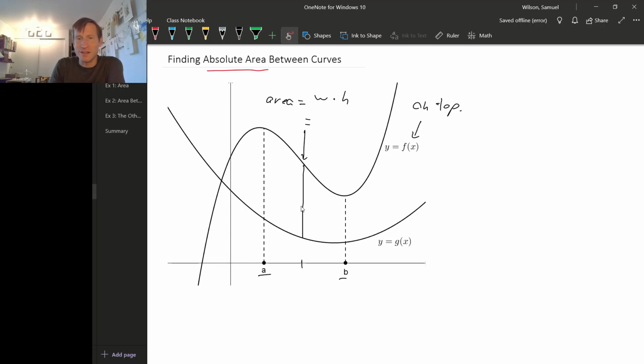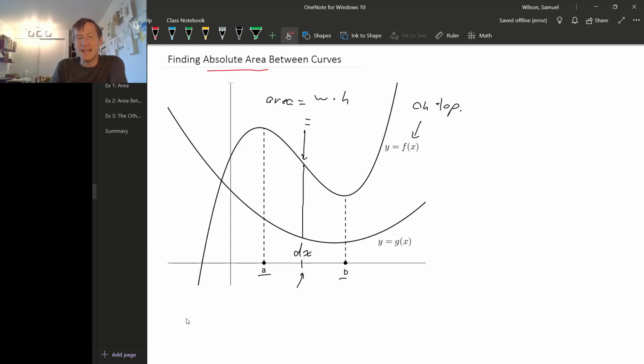What is the width of this infinitely narrow rectangle? We need some way of expressing the idea that the width of this rectangle is an infinitely small piece of the x-axis. Conceptually, the notation for an infinitely small piece of the x-axis is dx.